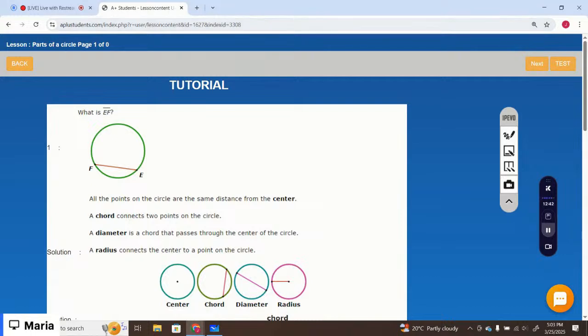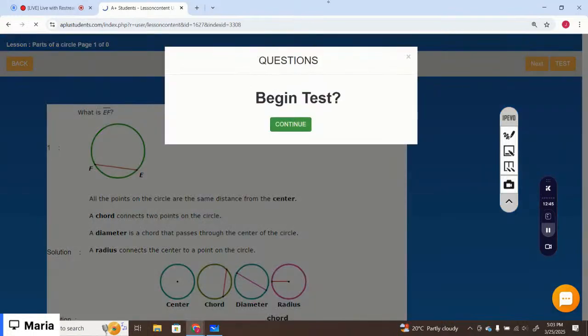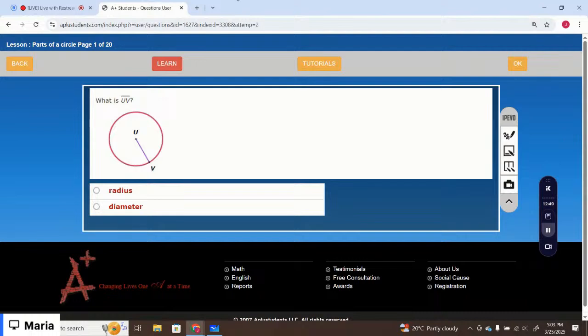Let's start with the test questions. What is UV?